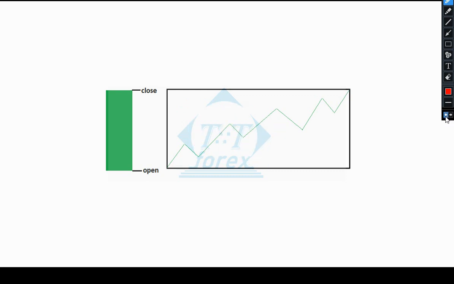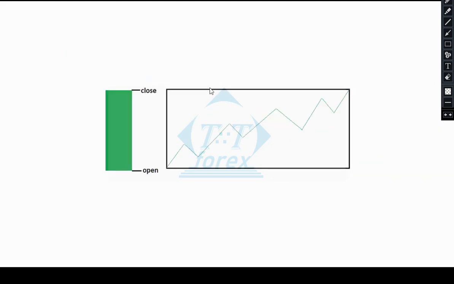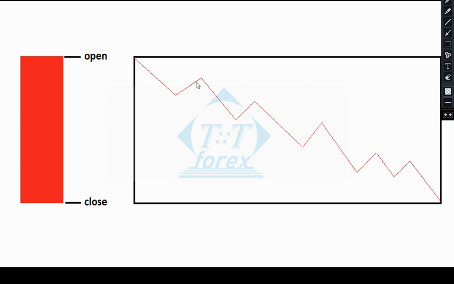The opposite is true for the bearish marubozu, which I'm going to show you right now. You just flip the bullish one. Here you see a series of lower highs and lower lows.